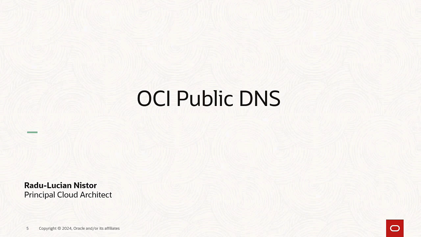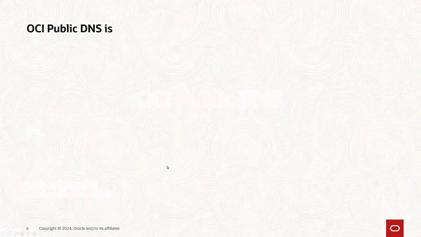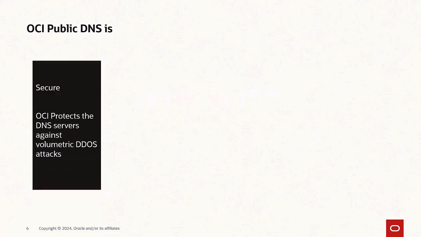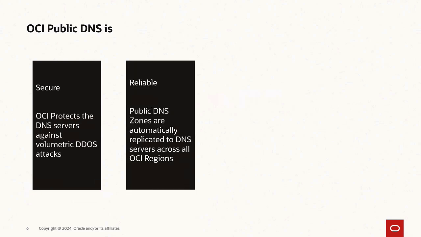Okay, let's discuss OCI Public DNS. Let's dive into some details. So OCI Public DNS, well, it's secure. Why? Because Oracle automatically protects all of the DNS servers in all of the regions against volumetric DDoS attacks. So you have that out of the box without any intervention. It's reliable because public DNS zones are automatically replicated to all regions.